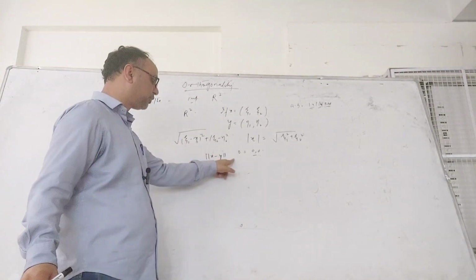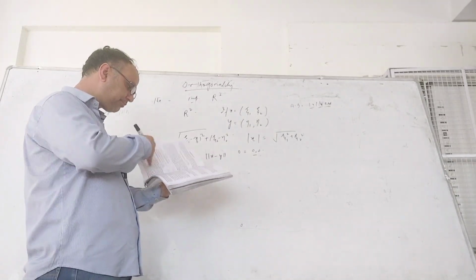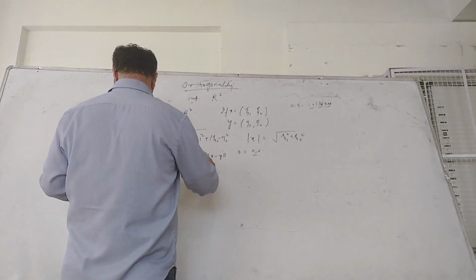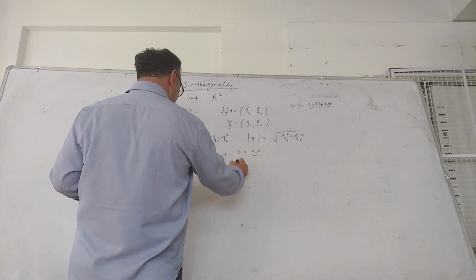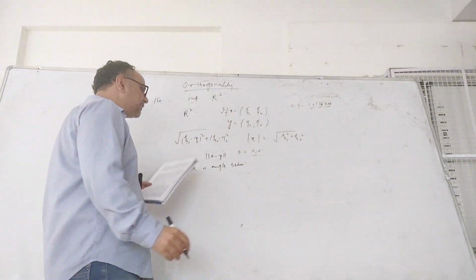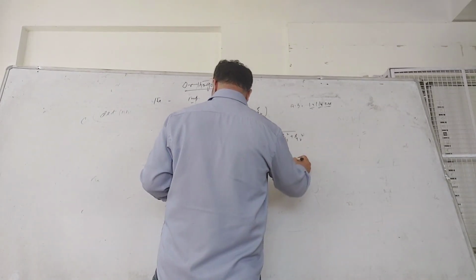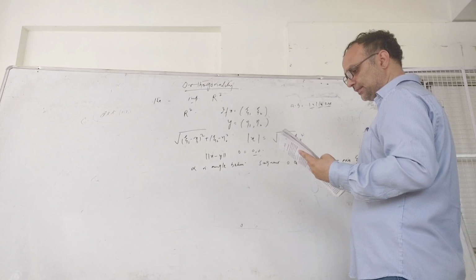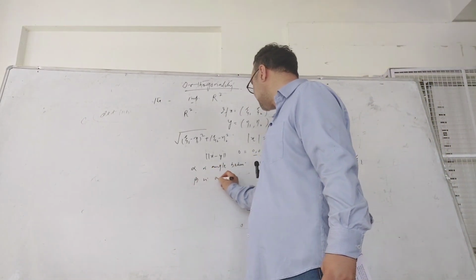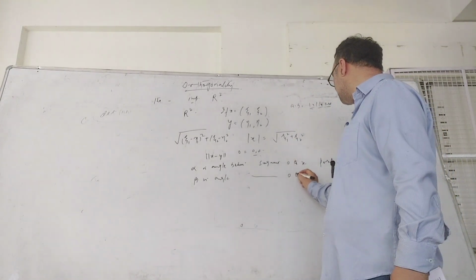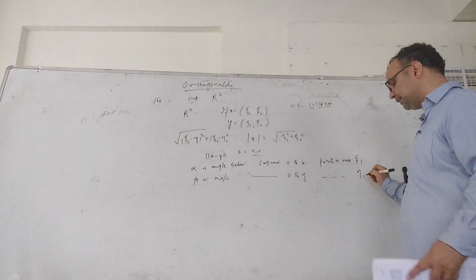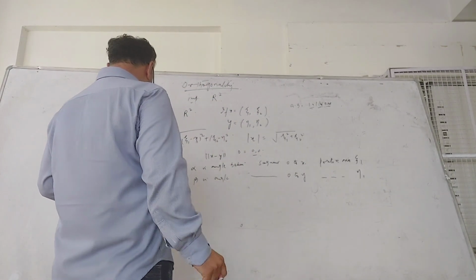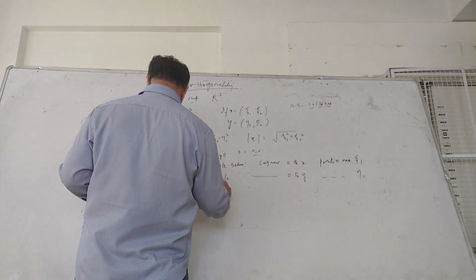Now, if alpha is the angle between the segment 0 to x along the positive axis zeta 1, and beta is the angle between the segment 0 to y along the positive axis eta 1, then the angle between the two vectors is alpha minus beta, and the cosine will be as follows.